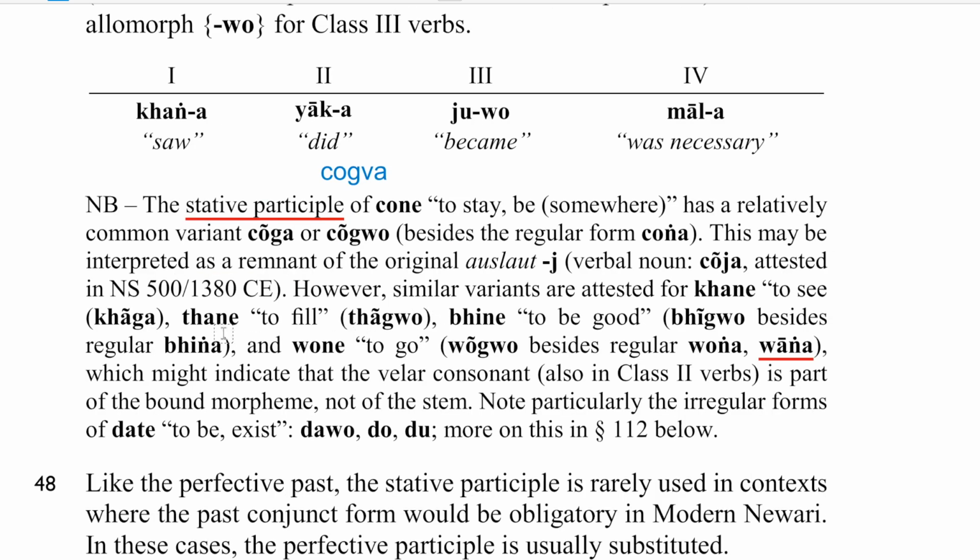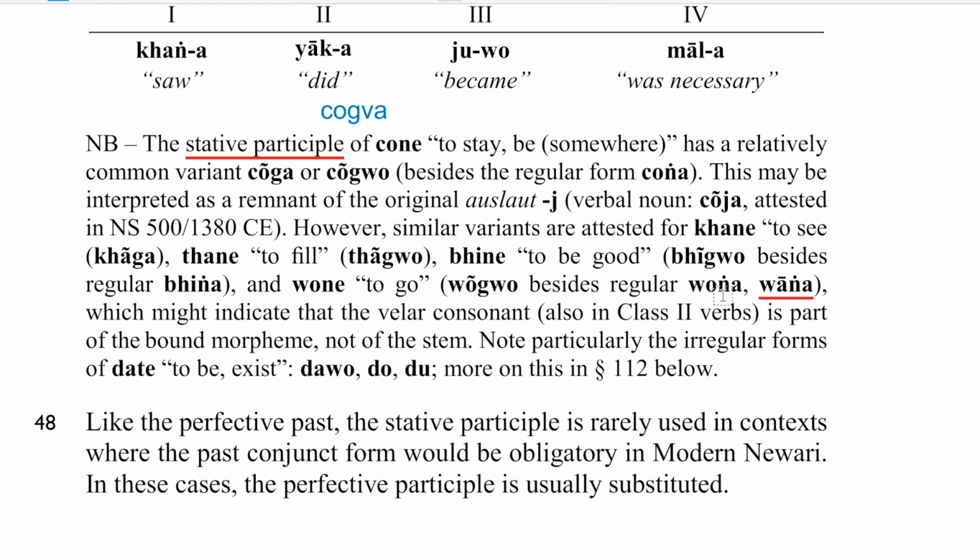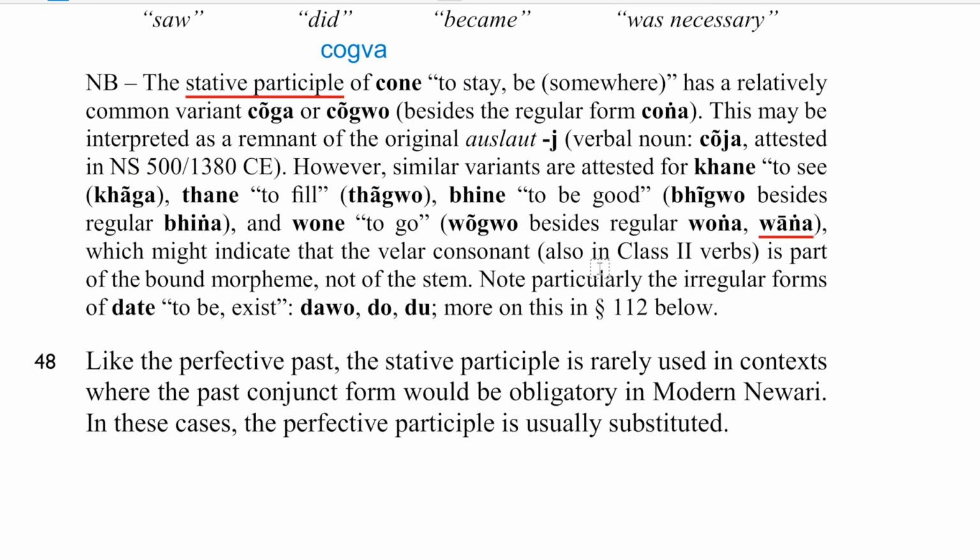And for Tanay, we have some like Tago, Hine is Pingo, Wone is Mongo, but we have more regular forms as Monga and Manga. And the most common, extensively found in Newar, is do. This is the stative participle of to exist.